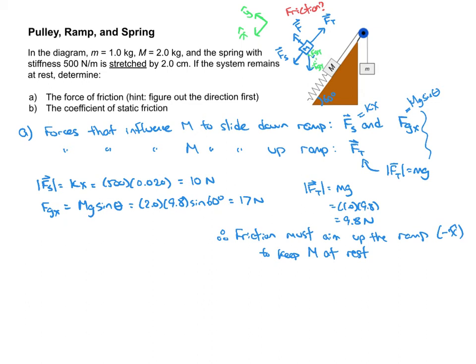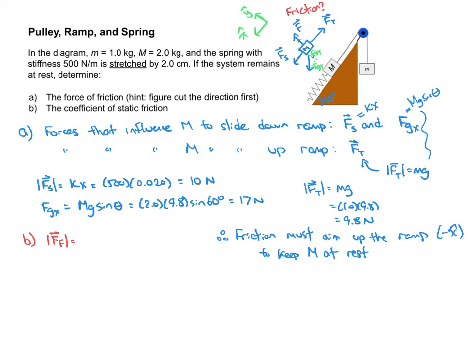Okay, so B, I'll actually go ahead and try to calculate the coefficient of static friction here. So friction, the magnitude of friction, we know which way it points. What about the magnitude? Well, the magnitude basically has to balance out these forces to keep these things at rest.